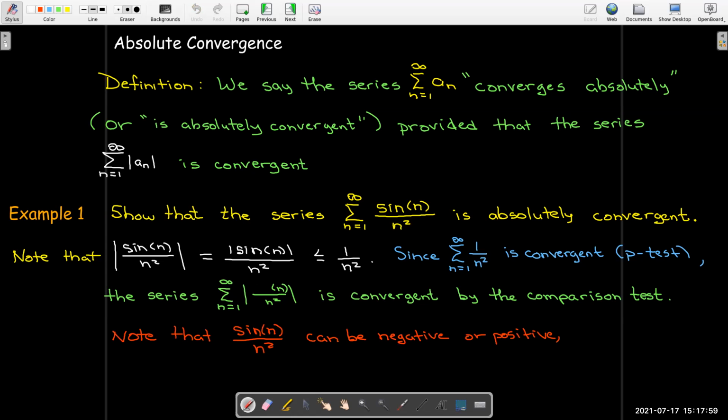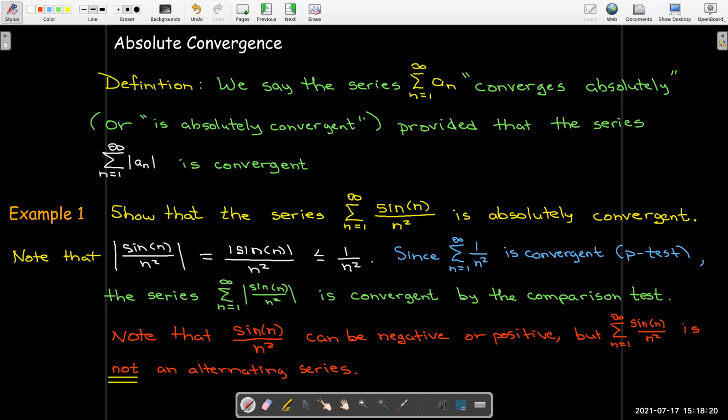And then a quick note here: the terms sine of n over n squared can be positive or negative, but it's not an alternating series. You don't get one positive term, then one negative term, then one positive term, then one negative term.